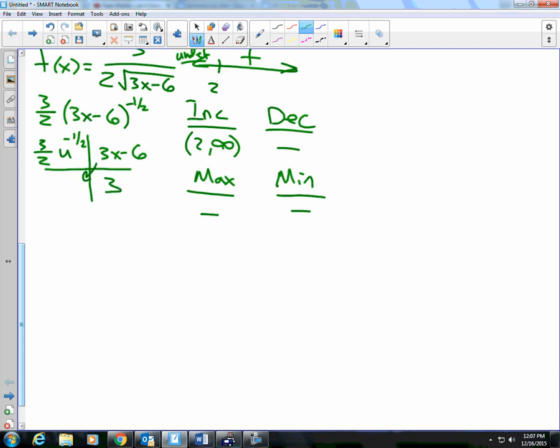What is the derivative of 3 over 2 u to the negative 1/2? Negative 3 over 4 times u to the 3/2, because you have to multiply by the negative 1/2, and you get negative 3/4. Multiply these two together, and we get negative 9 over 4 times 3x minus 6 to the 3/2.